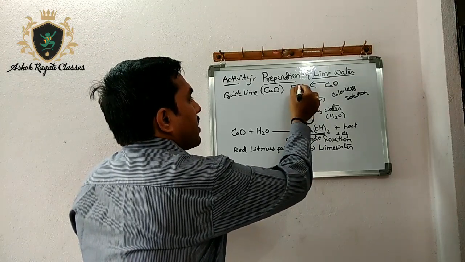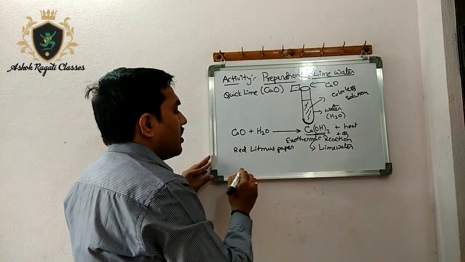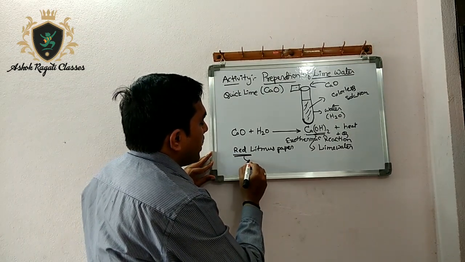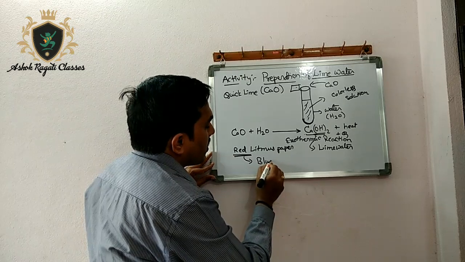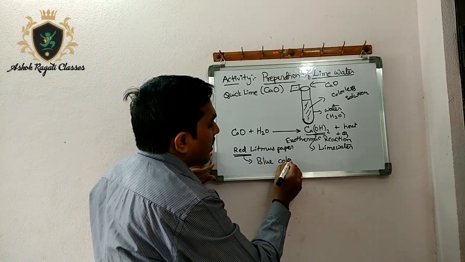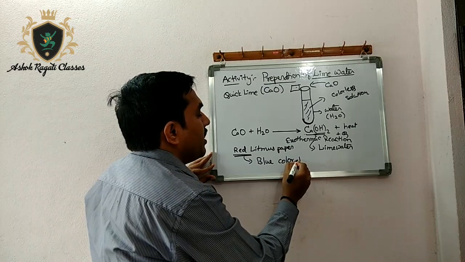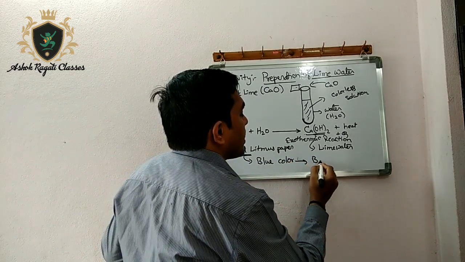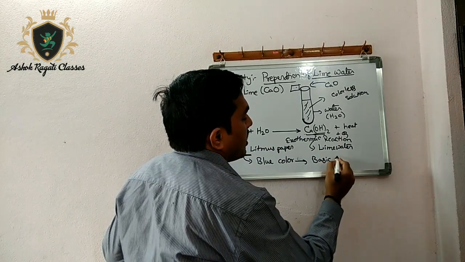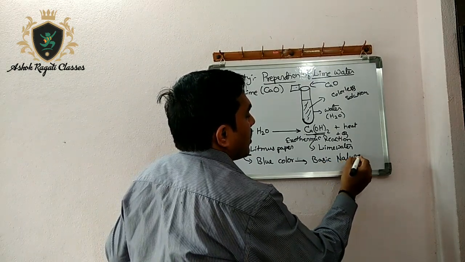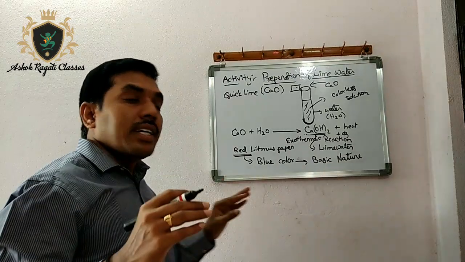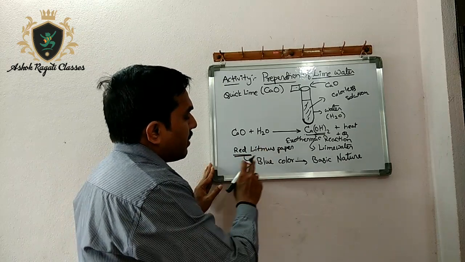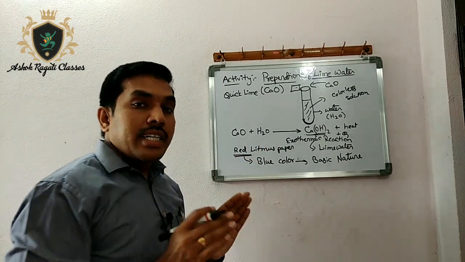If the red litmus paper turns blue, then it is a base, basic in nature. It means lime water is a base.